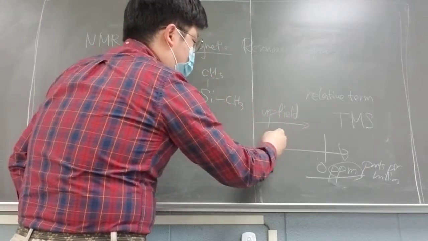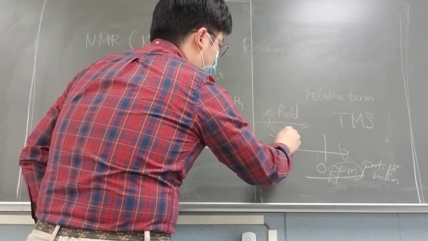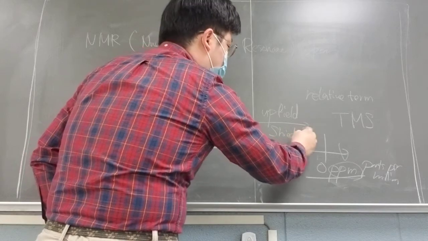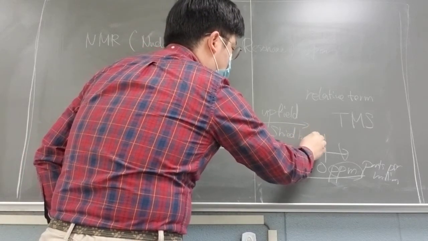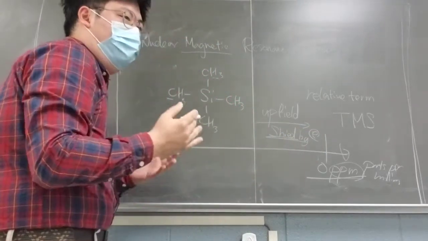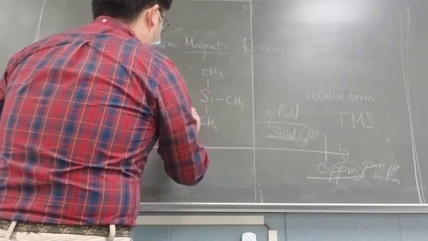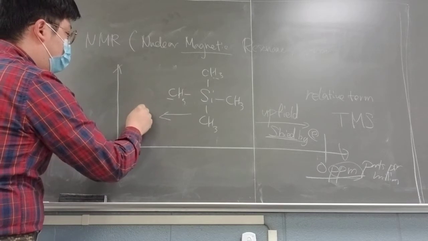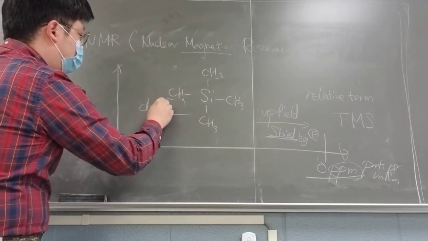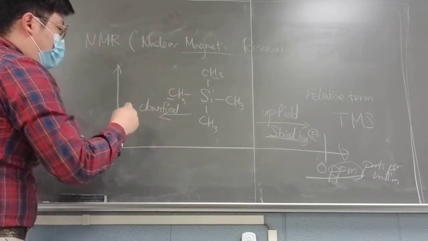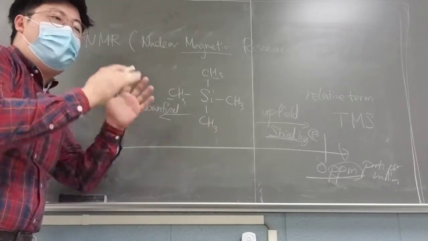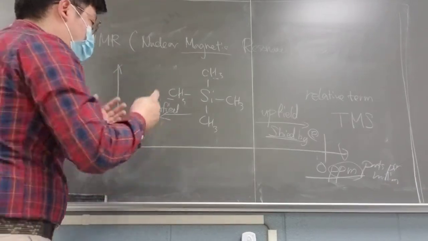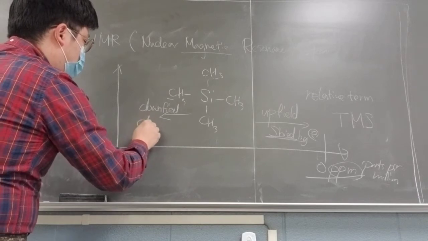And this is where you see the more shielded carbon or hydrogen with the electrons. So it's more shielded with the electron density. Here, if you go from right to the left, this is where you can see downfield, meaning it's less shielded by electrons. There's not much electron around that carbon or hydrogen, okay? So it's deshielded.